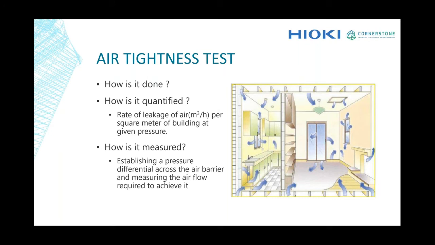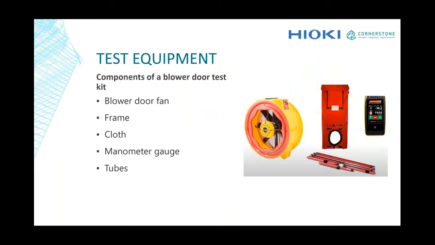Basically, how we do this is we establish a pressure differential across the air barrier, and we measure the flow rate. I will be coming to that in detail in the next slide. So we are done with the basic intro. Now we go into the actual test.